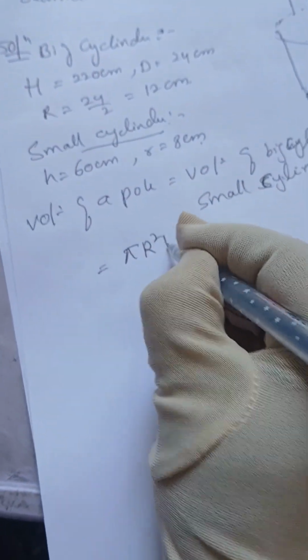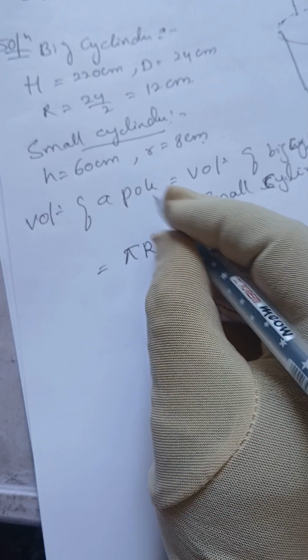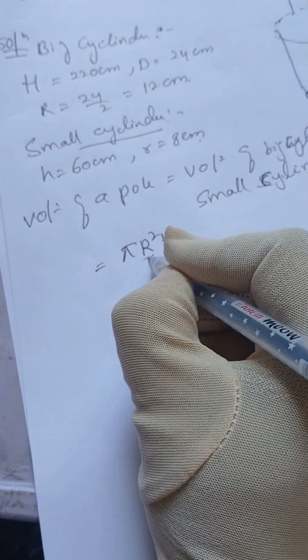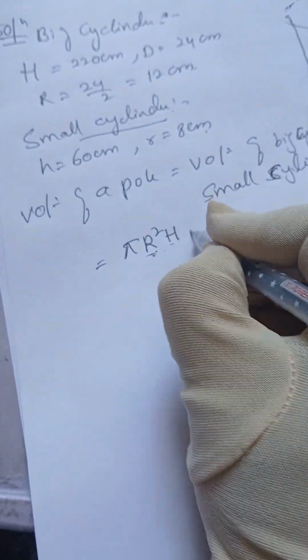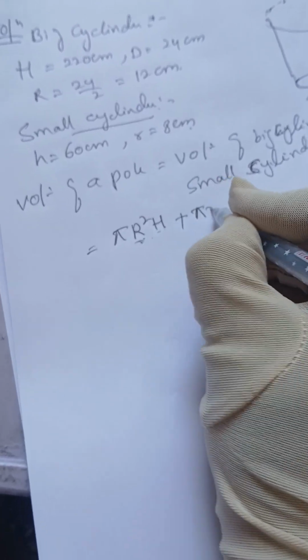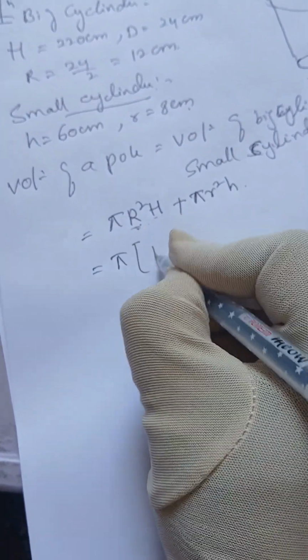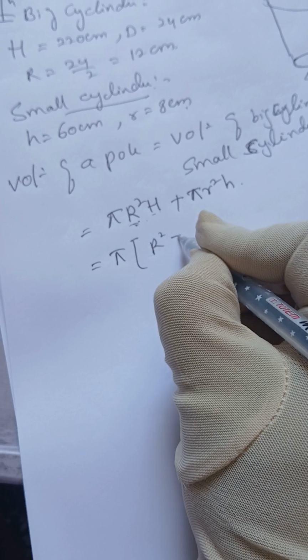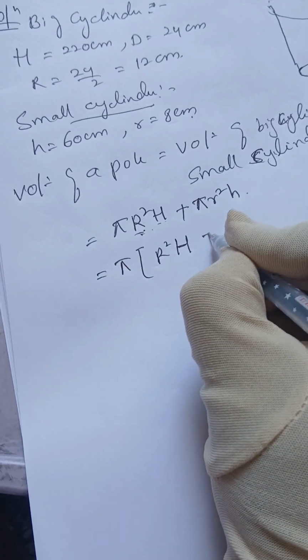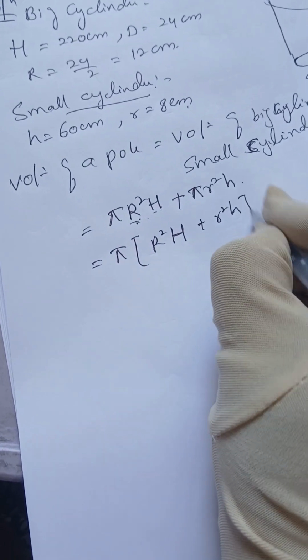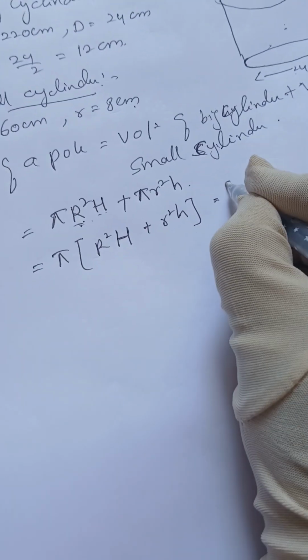Pi R square H, because I am considering here the big cylinder radius and height with capital letters, so that there will be no confusion for you. And I will take pi common, then it will be pi into R square H plus r square h.